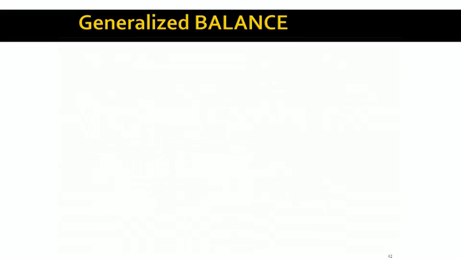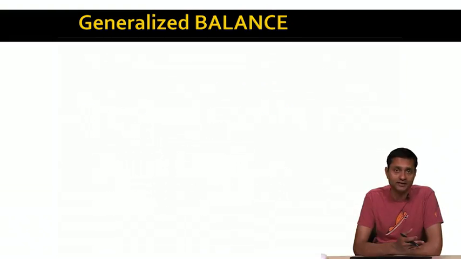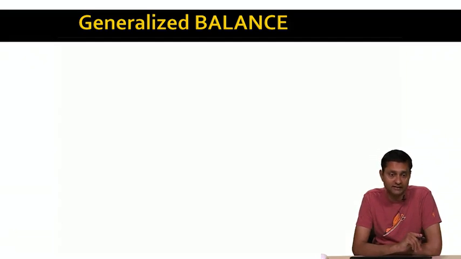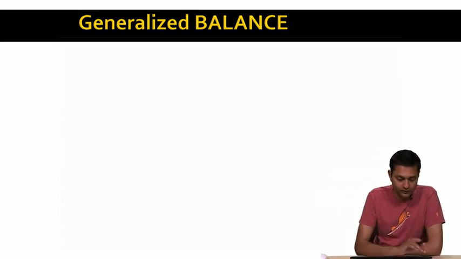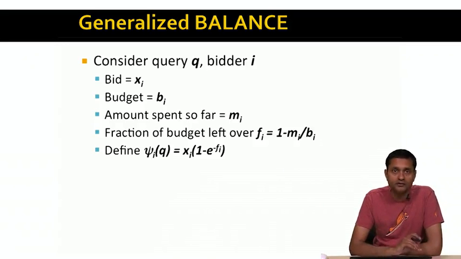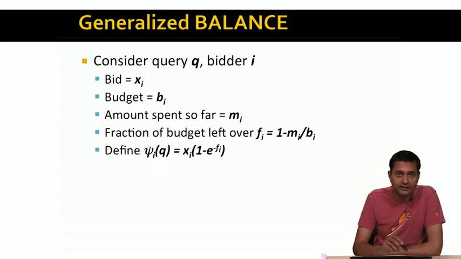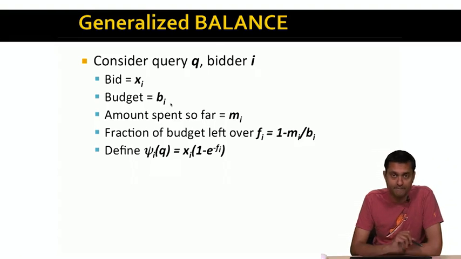So it turns out that we can fix the balance algorithm to deal with the fact that advertisers have different budgets and different bids. This is what's called the generalized balance algorithm. Suppose for query Q and bidder I, the corresponding bid is Xi, and the budget of advertiser I is Bi.